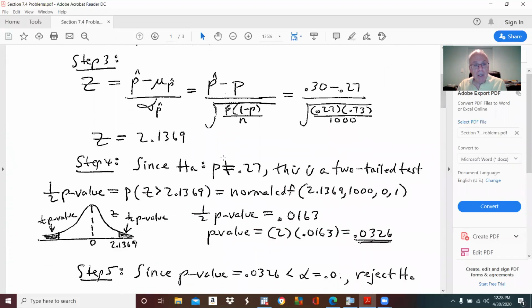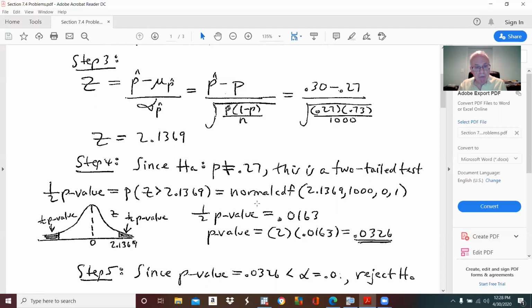So that means that whatever area we calculate, in this case, because the z is positive, we're going to find the area to the right of it. Whatever area we find here, using normal CDF, is going to be 1/2 the p-value because it's a two-tailed test. The other half of the p-value is on the left. So 1/2 the p-value is equal to the probability that z is greater than 2.1369.